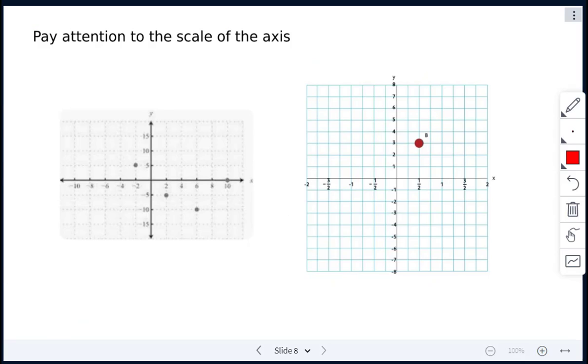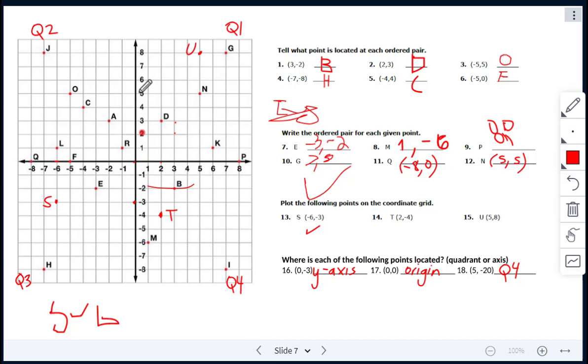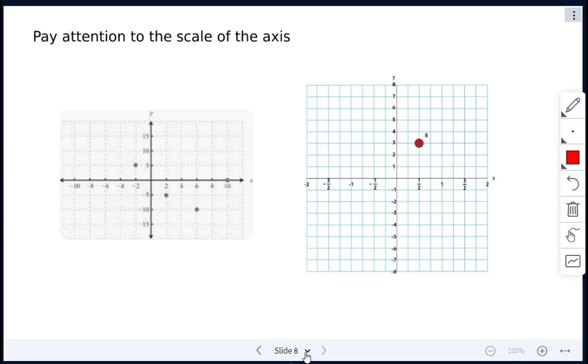The last thing I wanted to mention before you start the homework is paying attention to the scale of the axes. The scale we were looking at previously was going up by ones. Everything was going up by ones. But if you notice this scale here, the x-axis is going up by 2s: 2, 4, 6, 8, and so on.